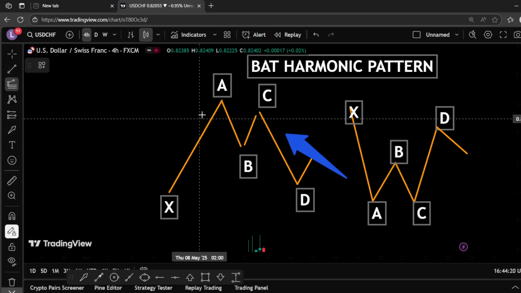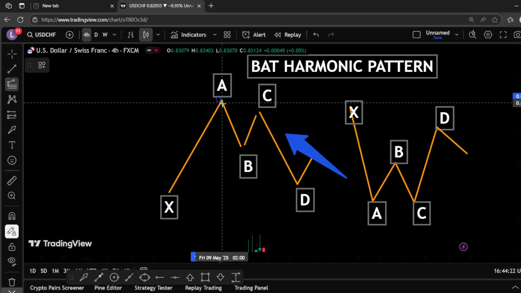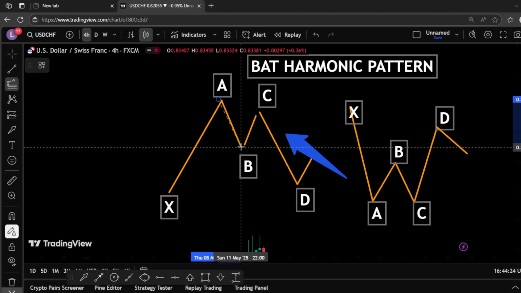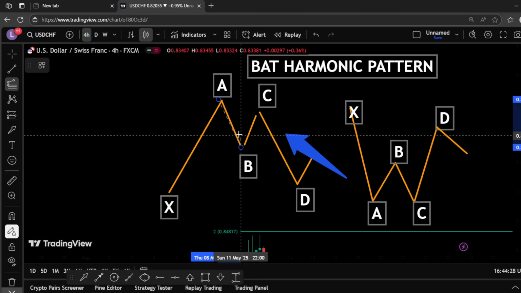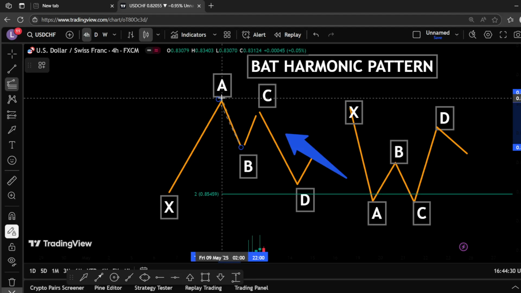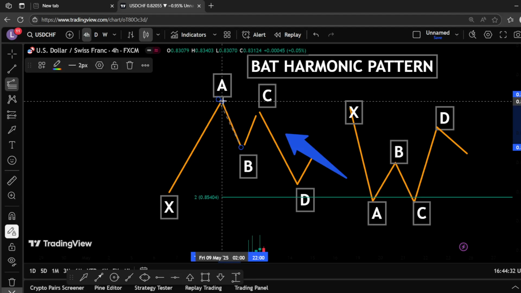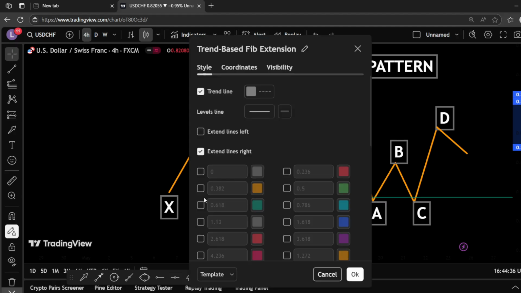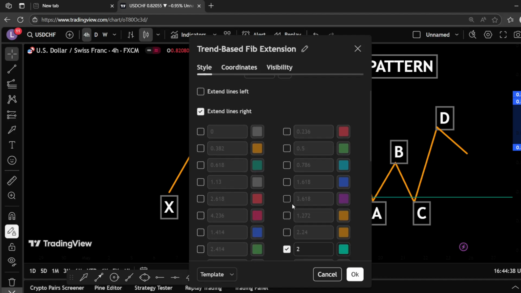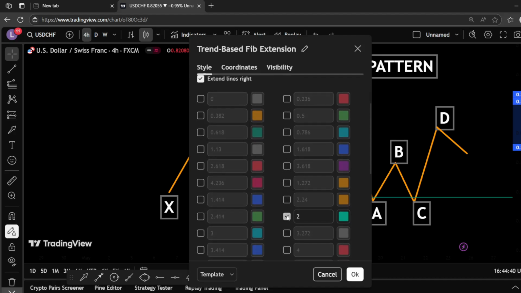You measure from A to B, back to A. Sorry about the noise, it's my kids playing at the back. You need a number between 1.272, 1.414, and 1.618.